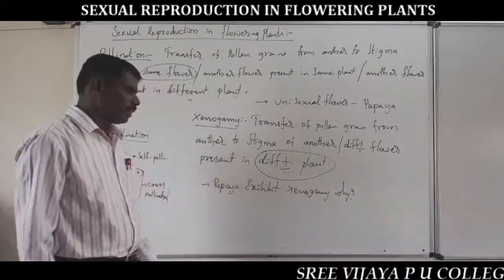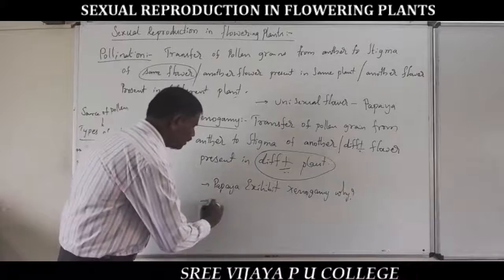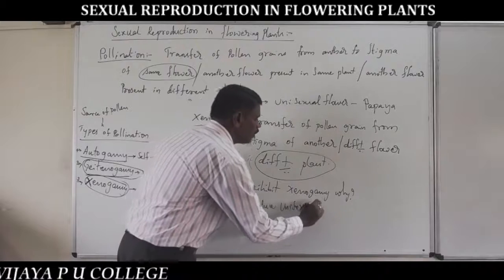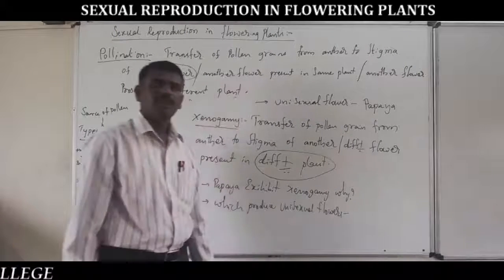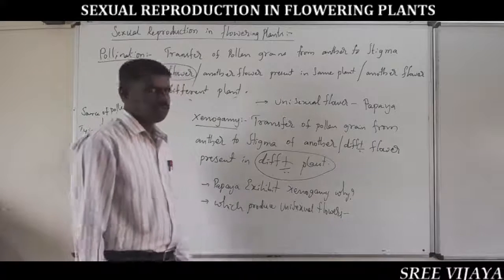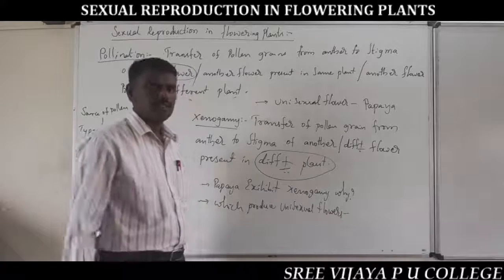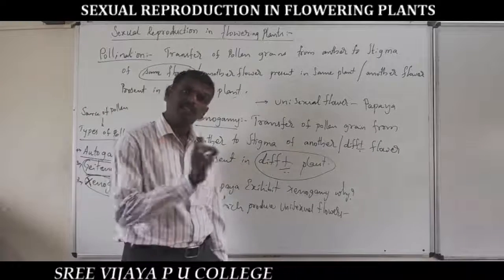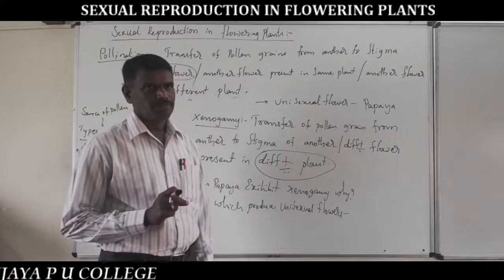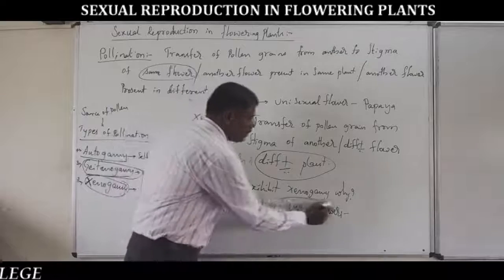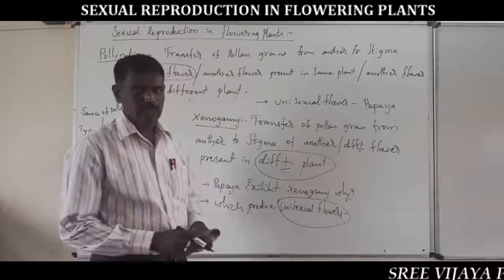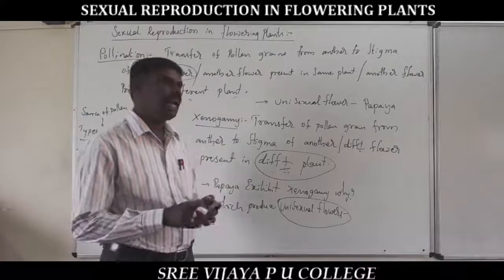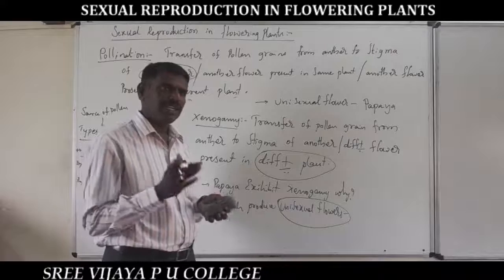Because it produces unisexual flowers, containing either androecium or gynoecium, either stamen or pistil. The flowers with the stamen are called staminate flowers, and the flowers with the pistil are called pistillate flowers. As papaya produces unisexual flowers, it exhibits xenogamy, since only the same type of male or female flowers are present on a plant, and the pollination is carried by a different plant.